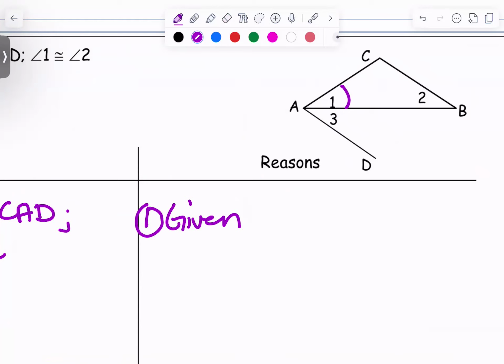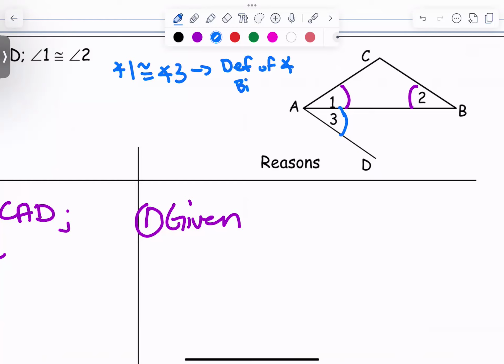Why are angle 1 and angle 3 congruent to each other? Because it's an angle intersected by a bisector. Because I know the definition of angle bisector.